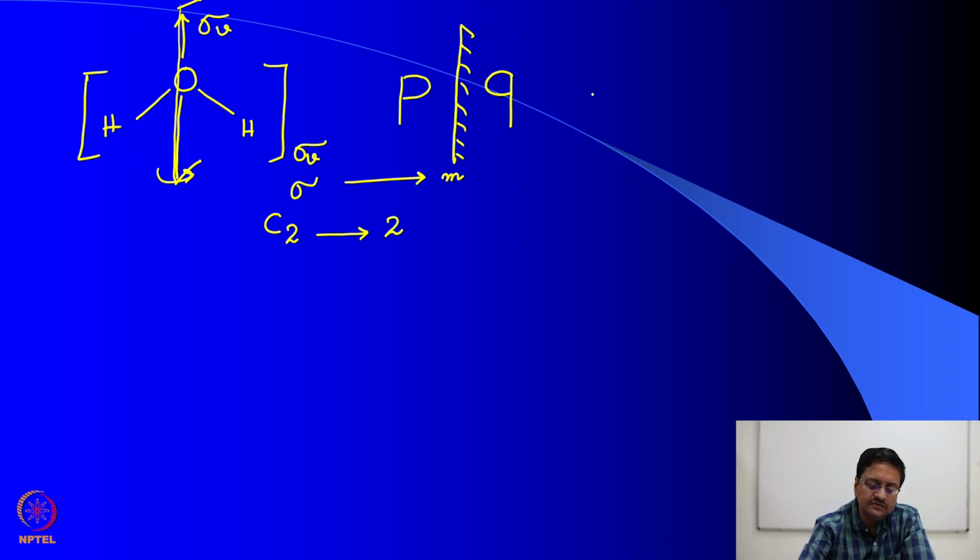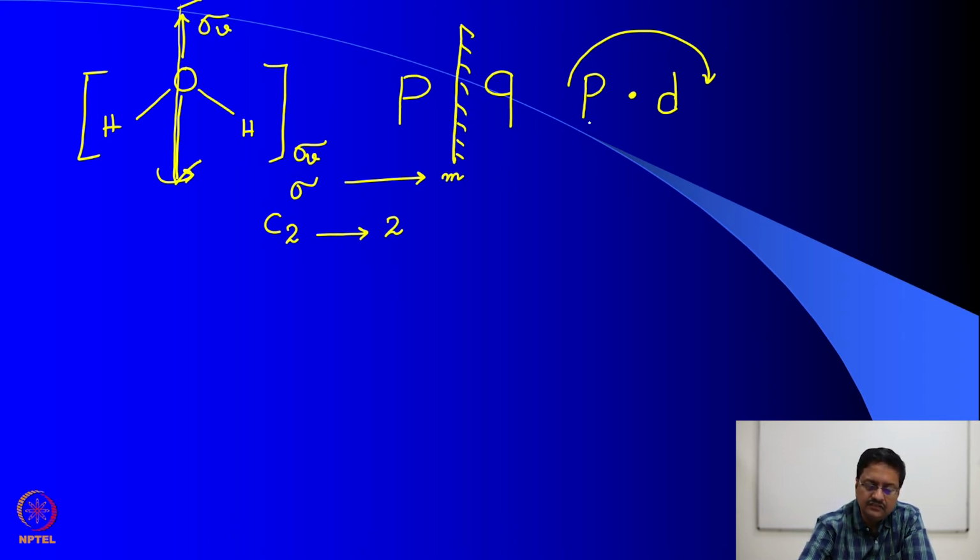So, suppose you have an object here and a two-fold axis which is perpendicular to the plane of projection like this. If you rotate the object about this two-fold axis, you will end up getting this object, right.